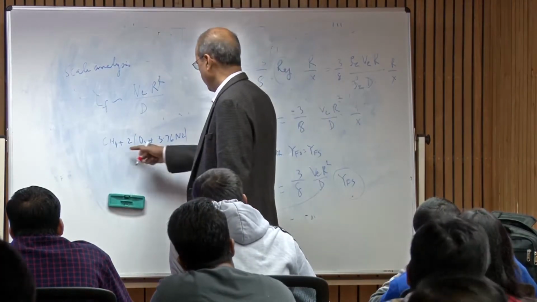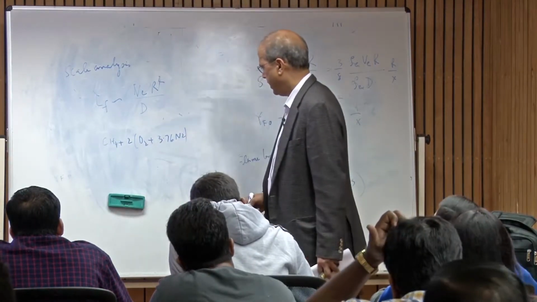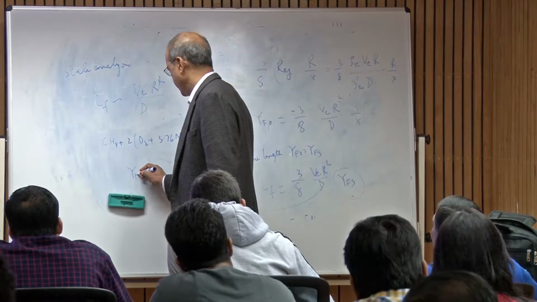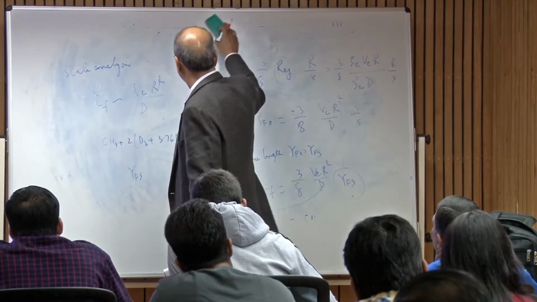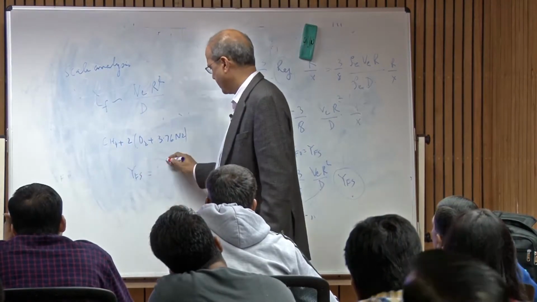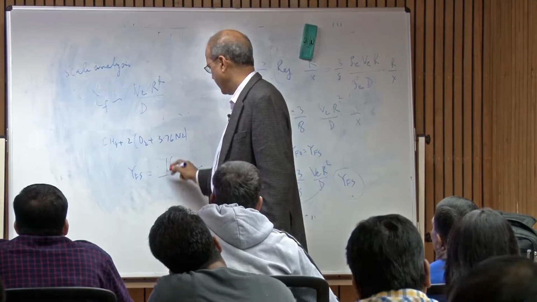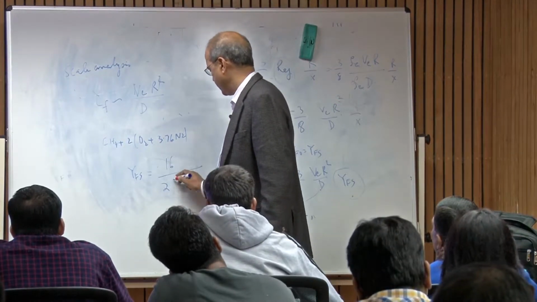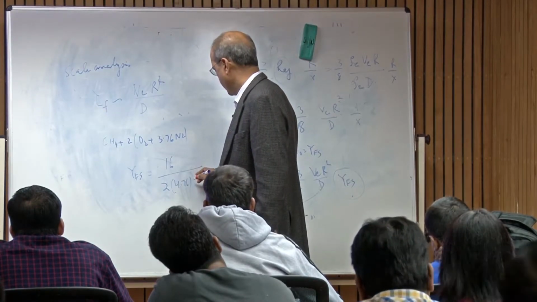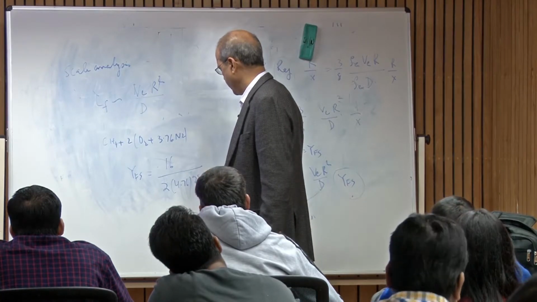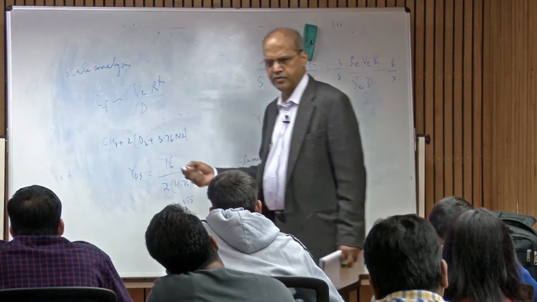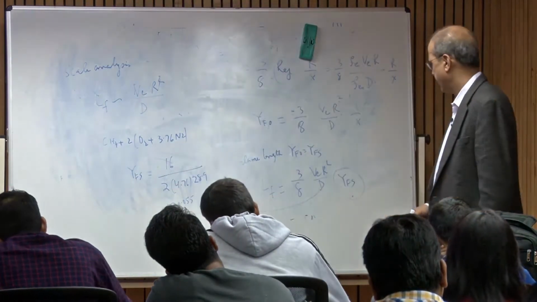So if you look at this fuel and air for stoichiometric condition, then YFS, so mass of fuel is 16 and mass of air is 4.76 times the molecular weight of air, 28.9. So I think this is about 0.05, maybe 0.055. We can check later.